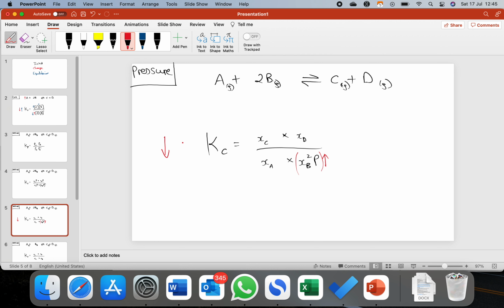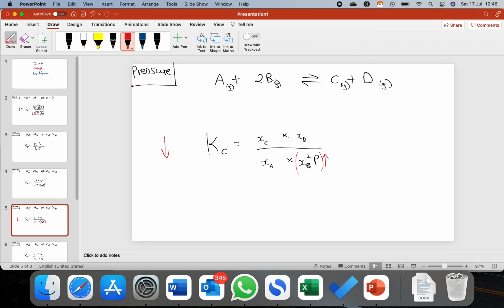Again, I am making a change to the number of particles here, and one of the ways you could increase pressure is by, for example, introducing more particles of a certain substance. So, increase the pressure here, because that's linked to that. The denominator increases and the Kc value goes down.